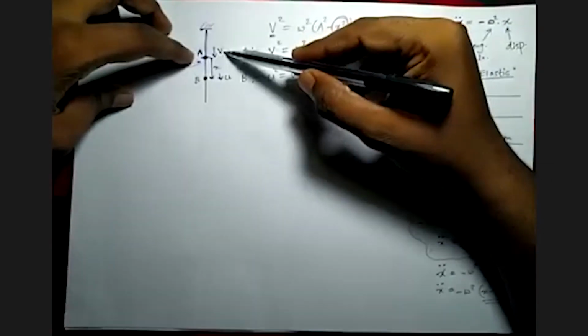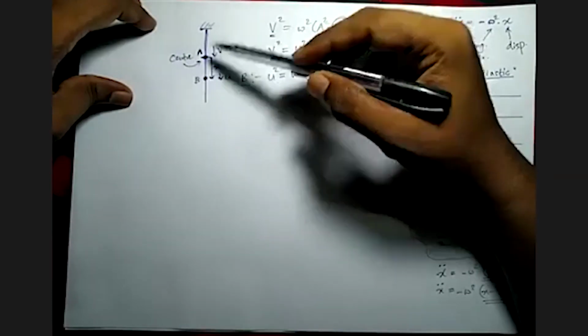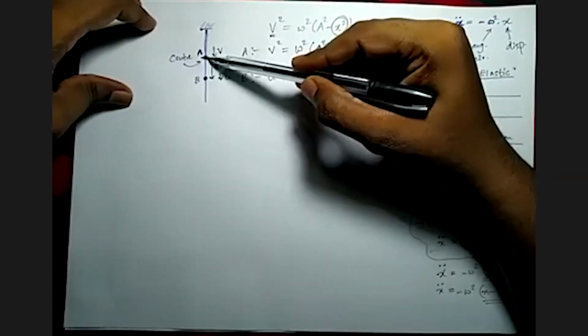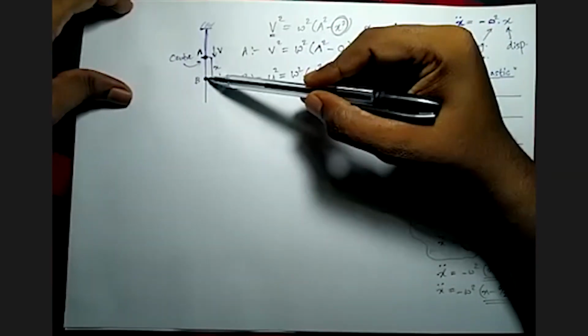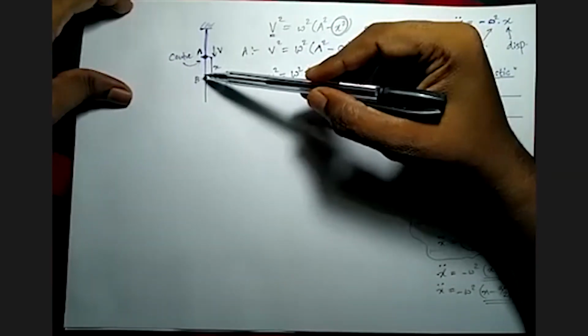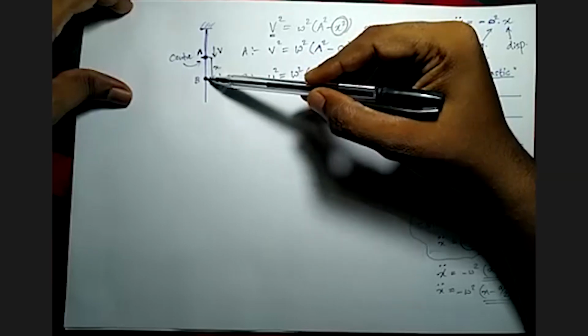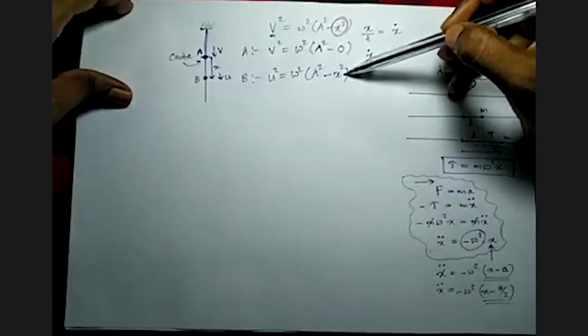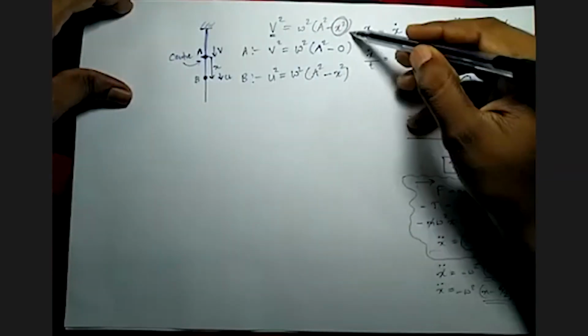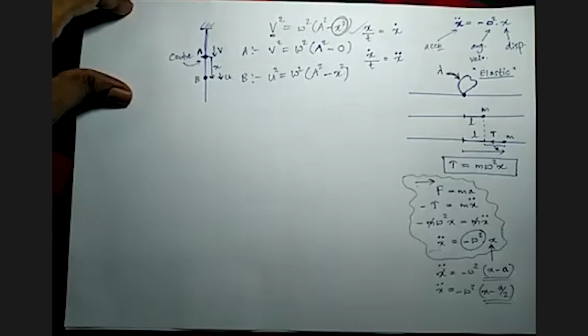Here I took the velocity as v, and the distance is 0. Here the velocity is u, and the distance from the center to this particular point is x. Therefore I have to put x. This is the second equation.